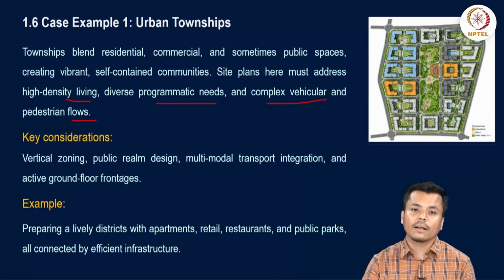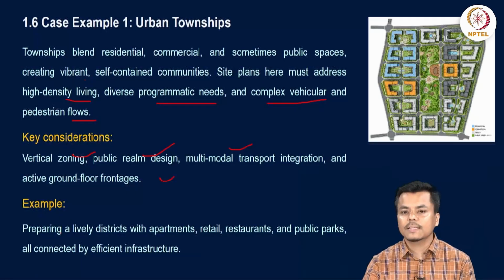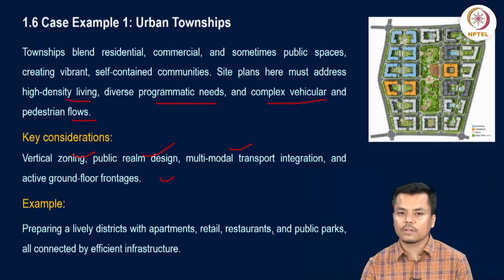The key considerations in this case would be vertical zoning, public realm design, multimodal transport integration and active ground floor frontages. The example in this case would be to prepare a lively district with apartments, retail, restaurants and public parks within the site, so that all are interconnected and efficient in providing their services to the users of the township.